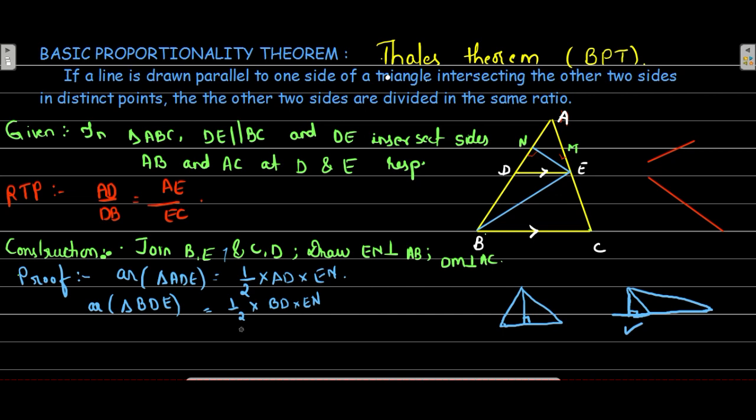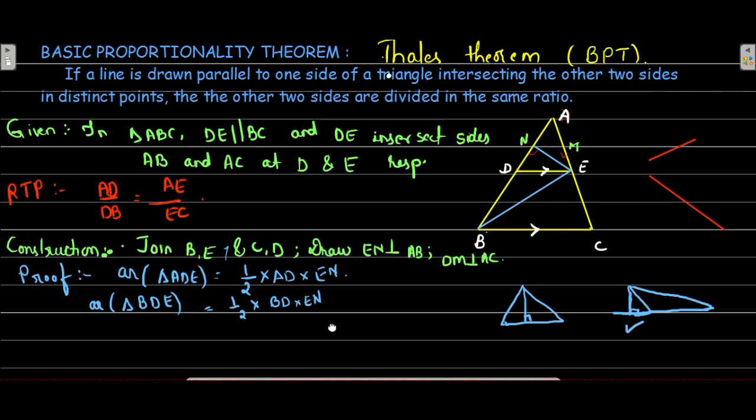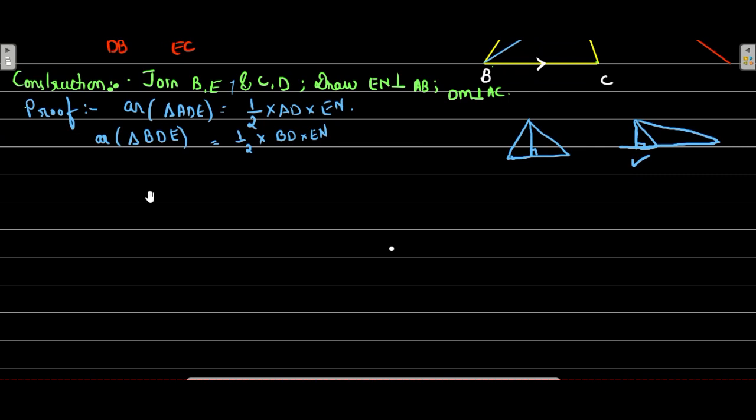Now, let us find the ratio of these areas. That is, area of triangle ADE divided by area of triangle BDE is equal to, what do we have as the value of triangle ADE?